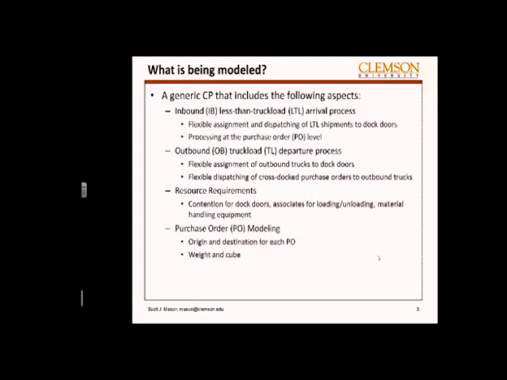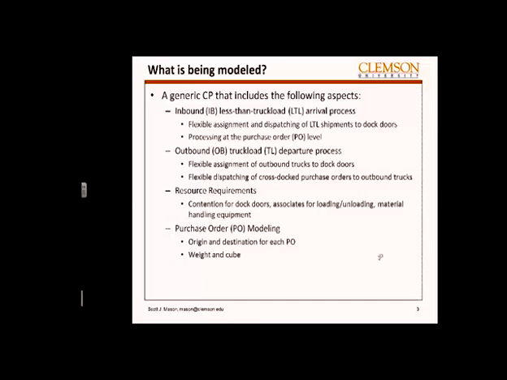We also have detailed purchase order modeling, because we have to know not just a truck comes in, but what specifically are we assuming is on that truck? What's representative for what could be on an inbound truck? What is representative for the destinations in terms of the distribution centers that this consolidation point would be shipping those purchase orders to?